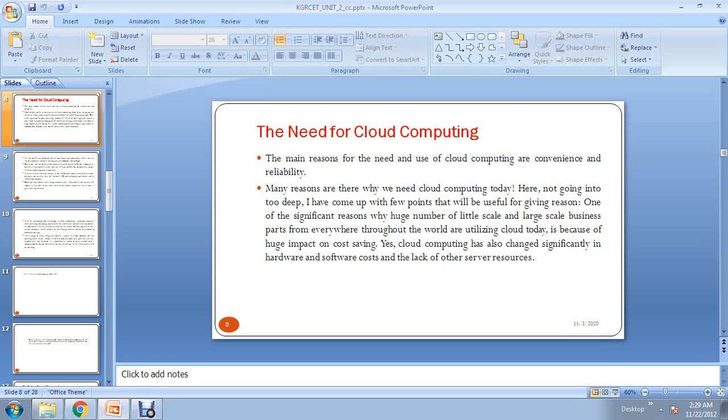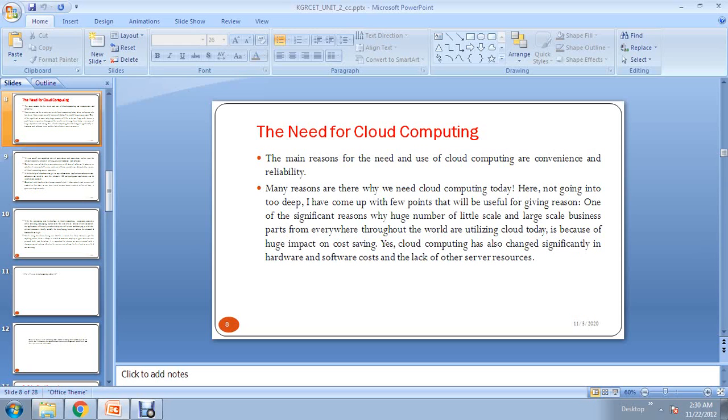Any questions, conflicts, or complaints that occur, a third party will solve those particular questions. So this is also a reason to use cloud computing.